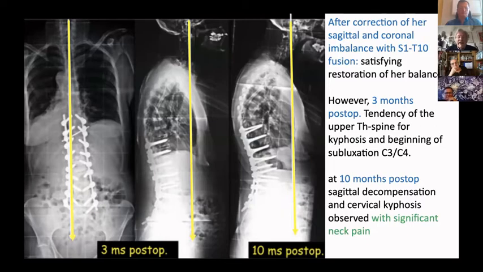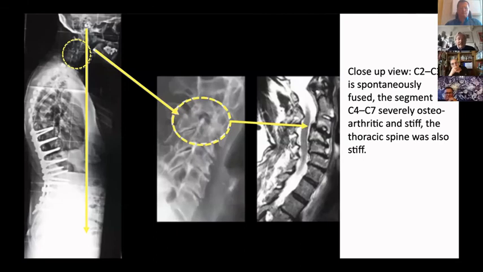neck pain. And when you look at her very closely, then you can see that she has a C2 to C3 spontaneous fusion. She is spontaneously more or less fused between C4 and C7. The thoracic spine is almost fused in the upper part. And what happened is that this patient developed a subluxation between C3 and C4, basically as the only possibility to bring her back into the position she has been accustomed to for her life.